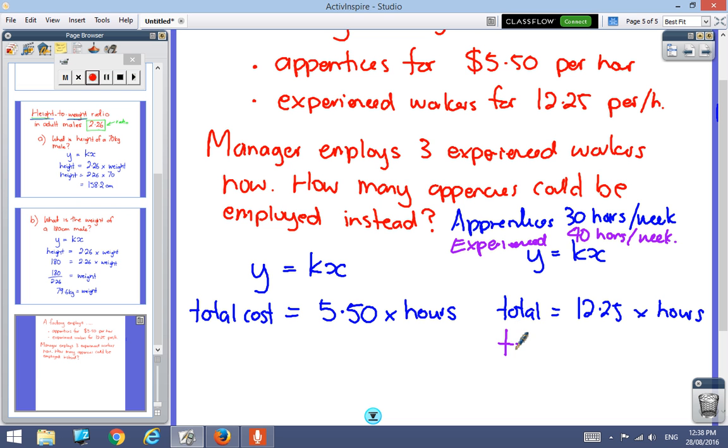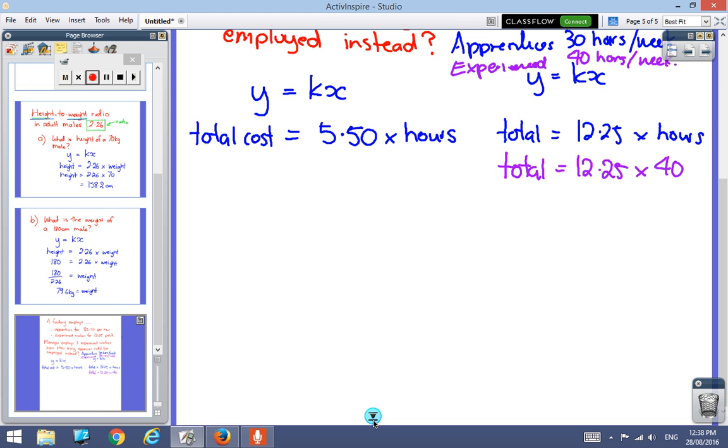So the total cost for one of these workers is a straight calculation like that. Now, that equals 490. So each experienced worker gets paid $490. So this is the total for one experienced employee.